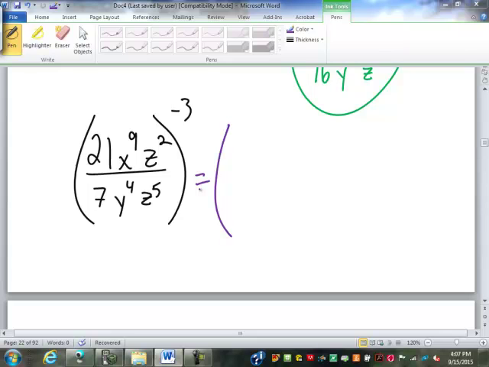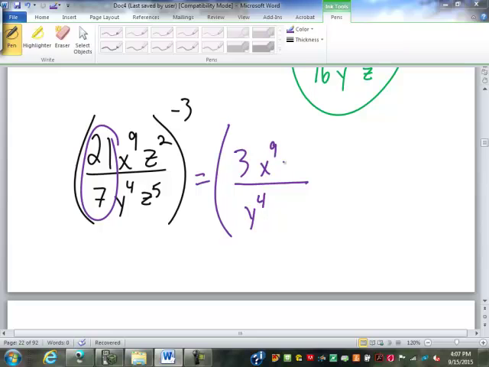And there's two things we can combine inside there. We have the 21 and 7 combined to make 3. Now the x to the 9th has nothing to change it. The y to the 4th has nothing to change it. The z's, however, z to the 2nd, z to the 5th.